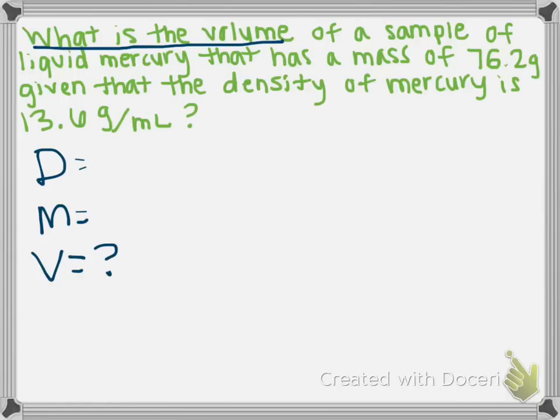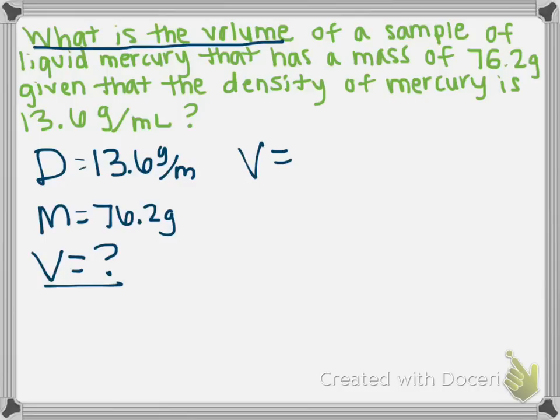A sample of liquid mercury has a mass of 76.2 grams and a density of 13.6 grams per milliliter. Okay, so again, volume, that's my question mark, so I need my volume equals equation.